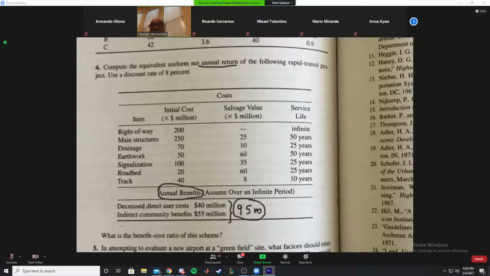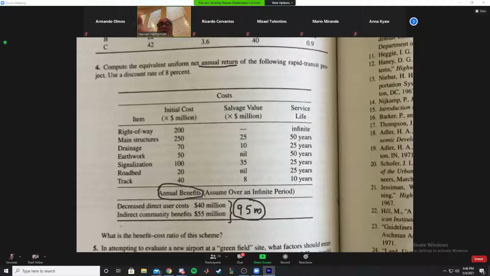They gave you a bunch of costs here, but they are all present value. For instance, right-of-way cost is $200 million. Because they say initial cost, this is the present. We have to make it annual.